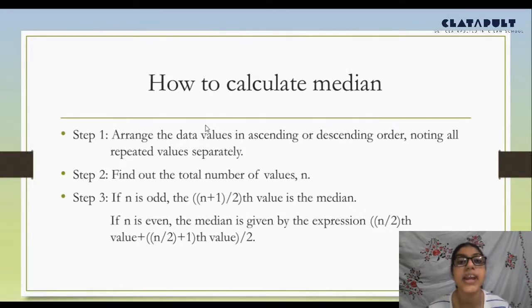You will take the (n by 2 plus 1)th position value, which is the next value after the n by 2th value, and then you will add those two and divide them by 2. So you're essentially taking the arithmetic mean of those two particular values, and whatever answer that is will be your median. So that's basically how to calculate median. It will become much clearer when we do the examples at the end of this session.